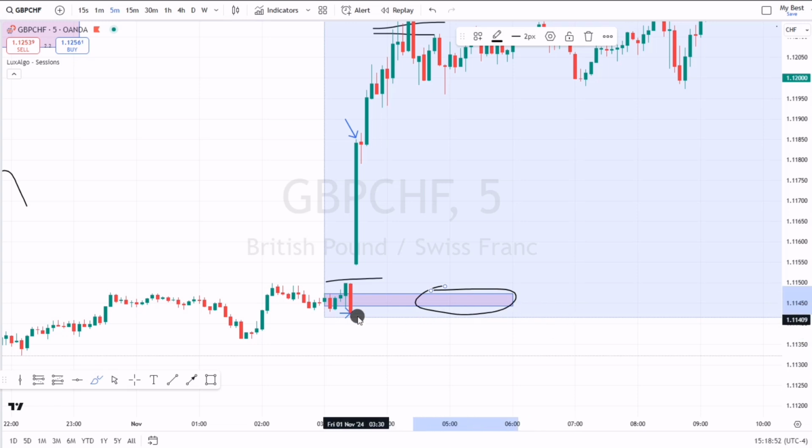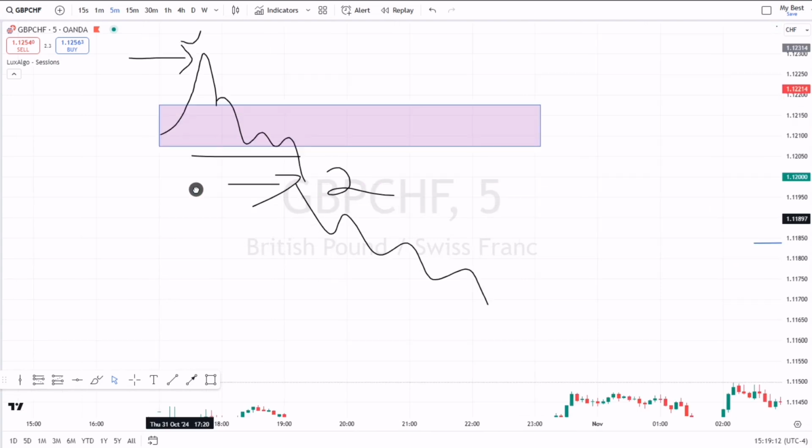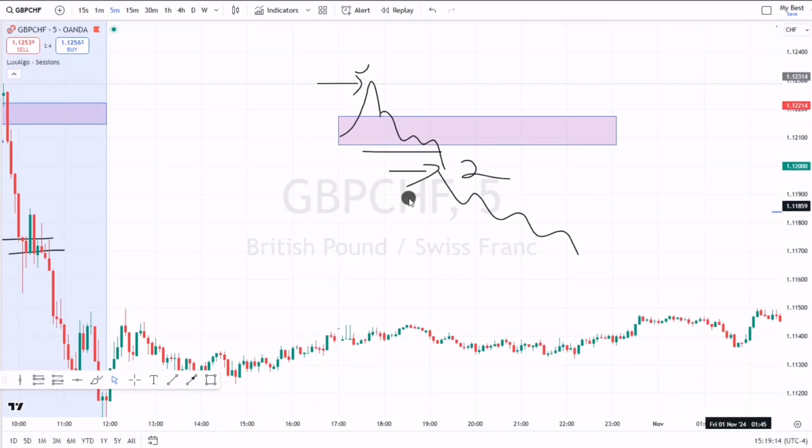And then if price comes to take you out and then closes above, that is where you place the opposite trade. So right here, you were to place a buy trade, and then price moved in that direction. Let me show you another one just quickly.